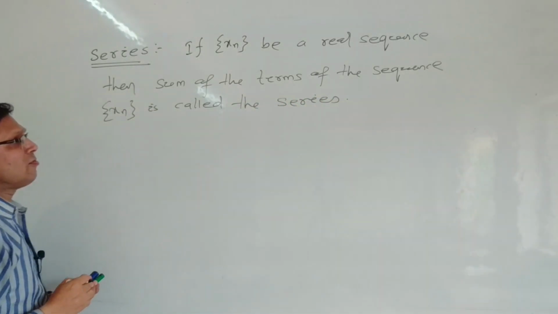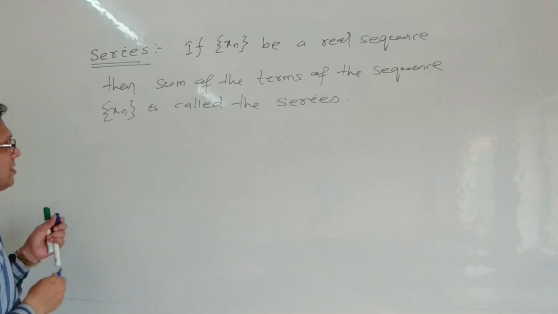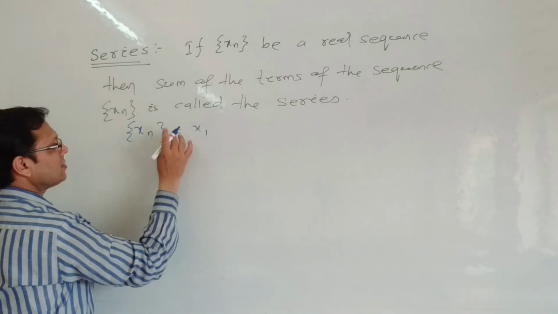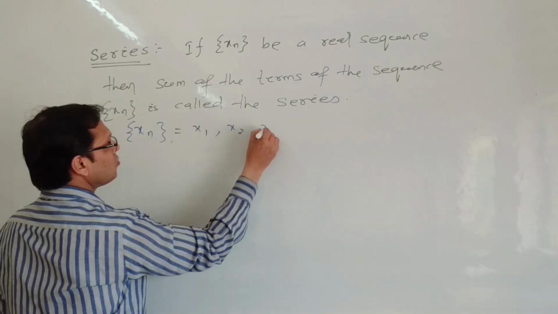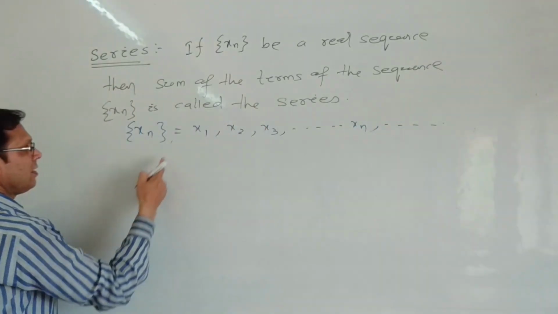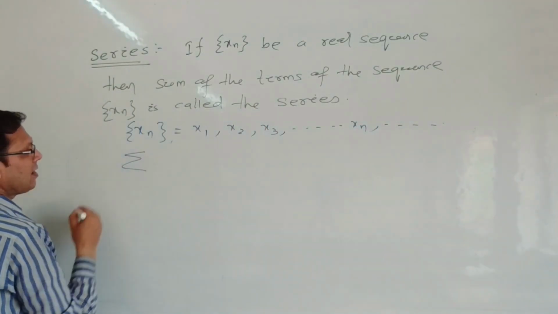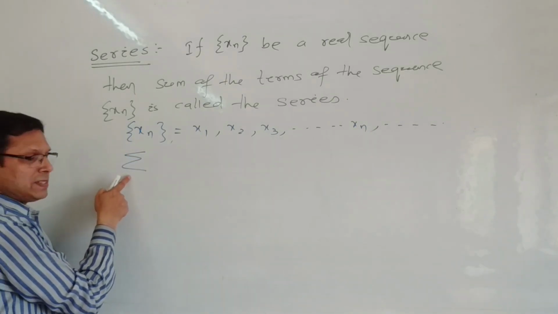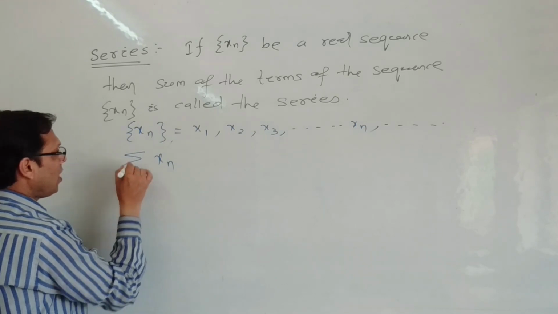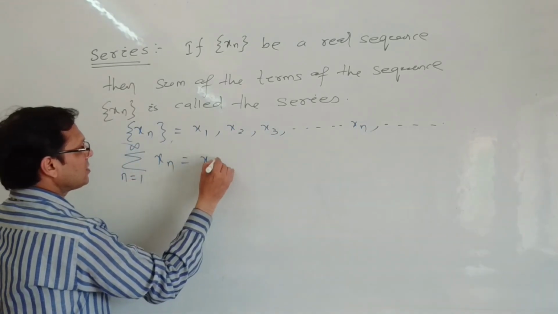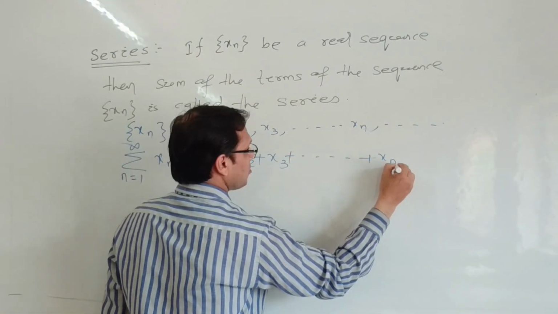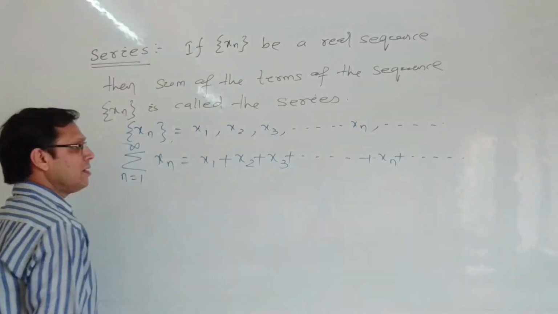That is, in other words, if the sequence x_n is equal to x1, x2, x3, dot dot dot, x_n, up to infinity, then the series x_n can be written with the symbol of sigma, or you can say sum of the terms n is equal to 1 to infinity, that is x1 plus x2 plus x3 plus dot dot dot up to x_n plus dot dot dot up to infinity.